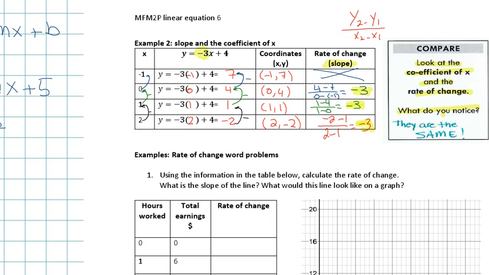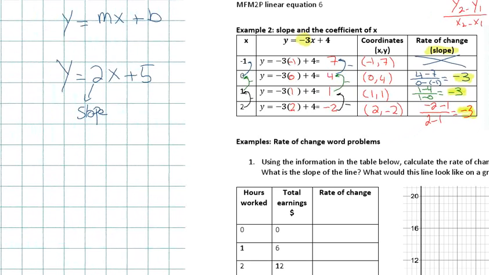It's just a matter of proving it. No matter what the equation is, it could be y equals 3 over 2x plus 7. What's your slope? 3 over 2. That's your slope. Which means you're rising up 3 and you're running 2.